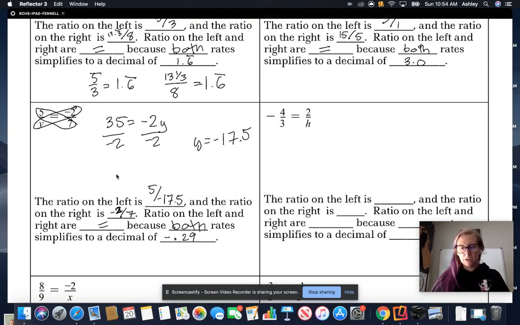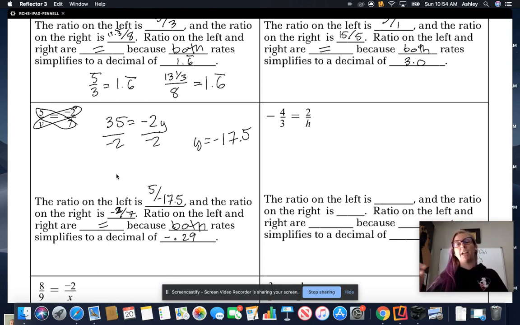All right, so here we're going to cross multiply. Key thing on this one: the negative in front of the 4/3 can apply to either the 4 or the 3, but not both, because this represents a negative value of a number. A negative divided by a negative is a positive, so make sure you do not apply the negative to both terms.